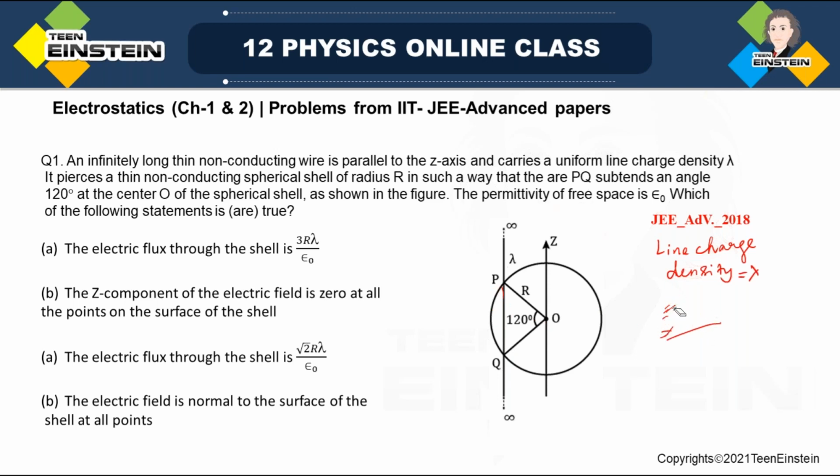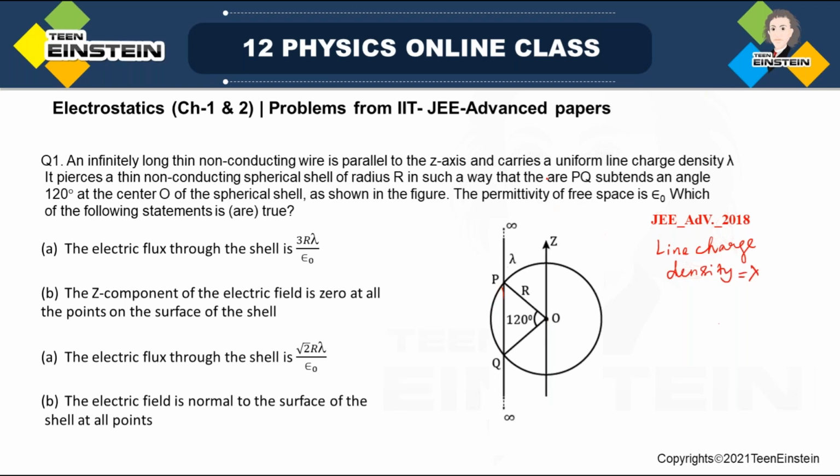So in that sense it is a linear angle of 120 degrees, which is subtended at the center of the shell. And see, the wire is parallel to the z-axis, and the z-axis, as you see, is passing through the center of the shell. So this PQ arc is making an angle of 120 degrees at the center. This is the clue, the vital point we should note from this figure.